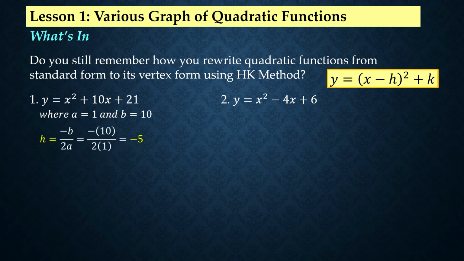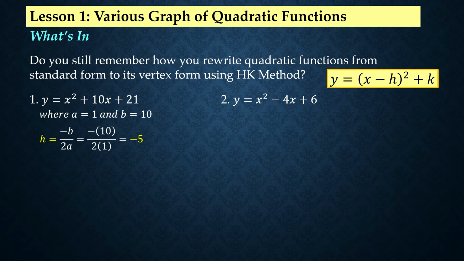Next, to solve for the value of h, wherein h is equal to negative b over twice a. So that is equivalent to negative of 10. Since the value of b is positive, I still put parentheses. The importance of parentheses is to identify if the number b is positive or negative, because there is a negative sign outside of the value of b.